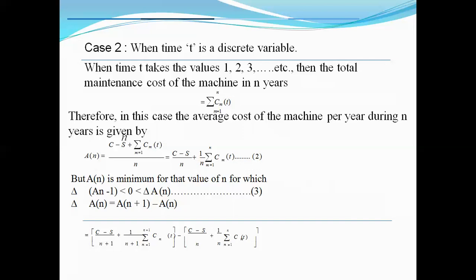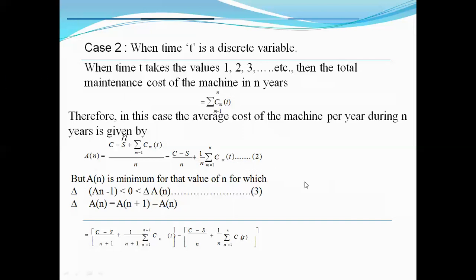C minus S plus the sum from m equals 1 to n of the maintenance cost of t, divided by n, which is equal to the total cost minus the scrap cost by n, plus 1 by n times the sum from m equals 1 to n of the maintenance cost of t. That is equation number 2.